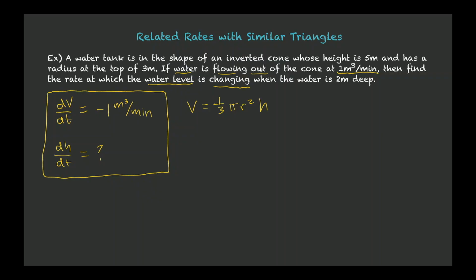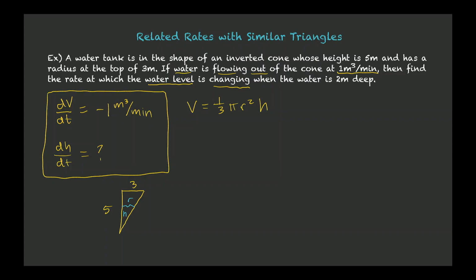And how do we do that? Well, we use the fact that the water is sitting inside of a cone, which they say is initially 5 meters high, and has a radius at the top of 3 meters. Okay, and then the water has to sit inside of here at a given radius and a given height. And because it's sitting inside this cone, the radius and the height will be in the same proportion as the outside cone.